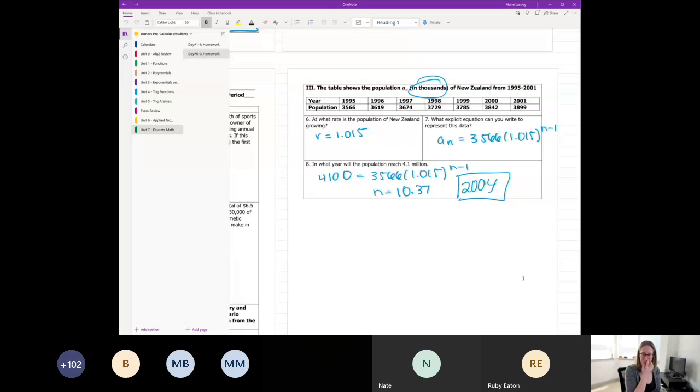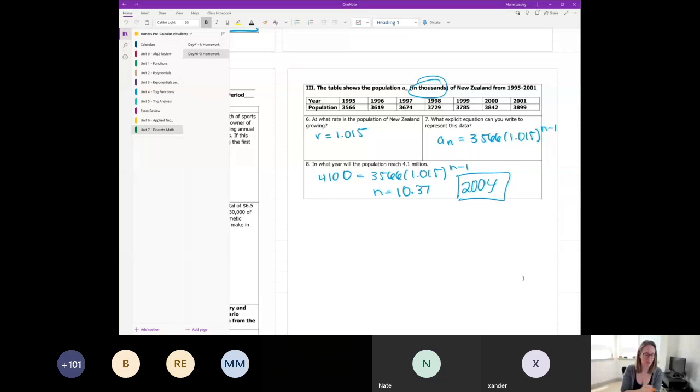Sorry, how did you get 2004 again from 10.37? Okay, so the n is my term number of my sequence. So this is saying it's going to take 10.37 years.